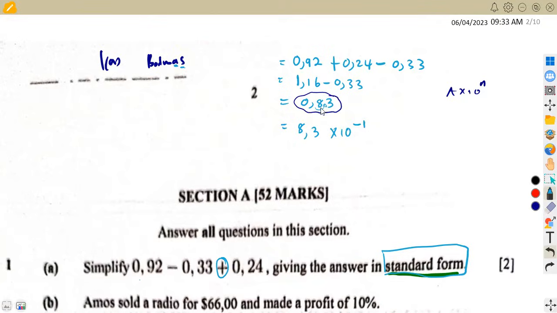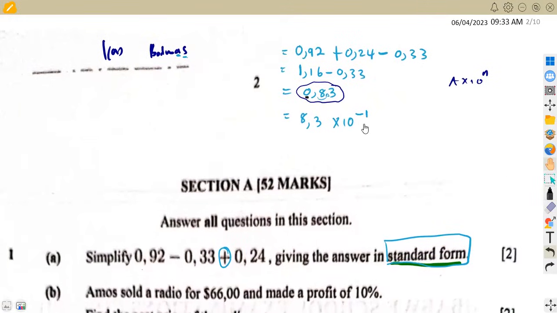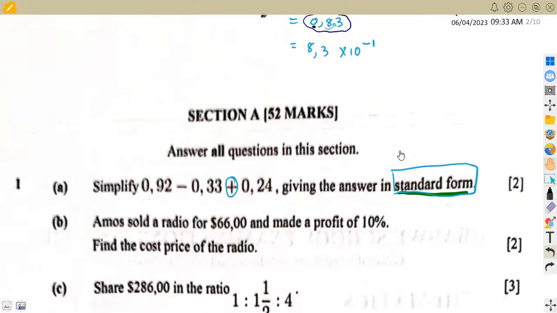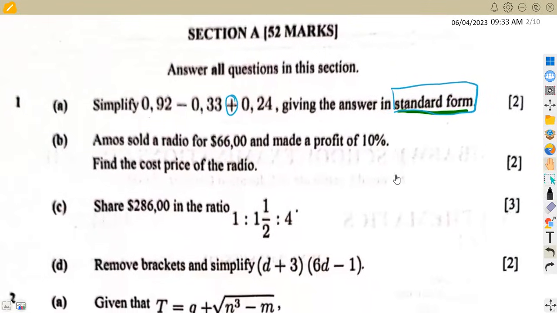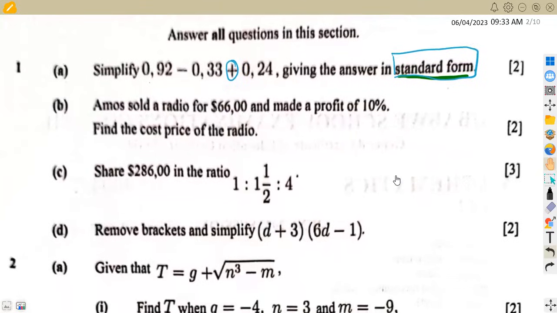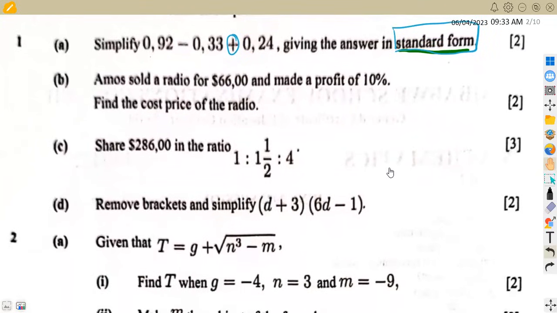The number of commas that we moved is 1. So it's going to be a negative since we started with a 0 digit. That's why we are having a negative exponent. All right. So as you can see, it was just the same as what we had in our paper 1. We had that in standard form. So it was just a repetition that was here.